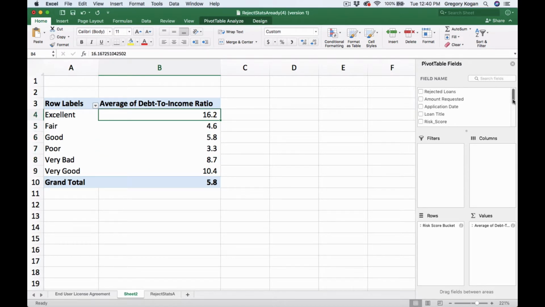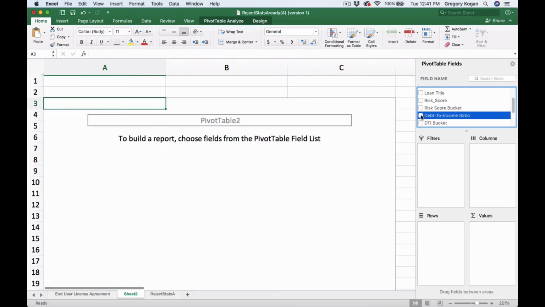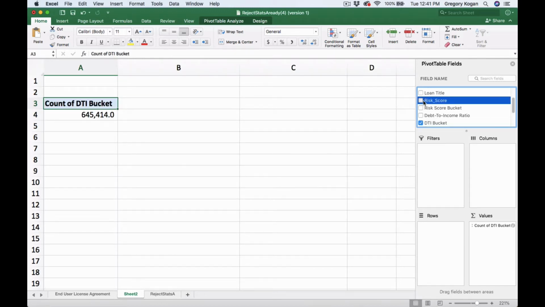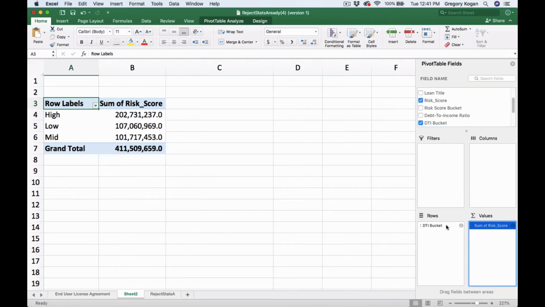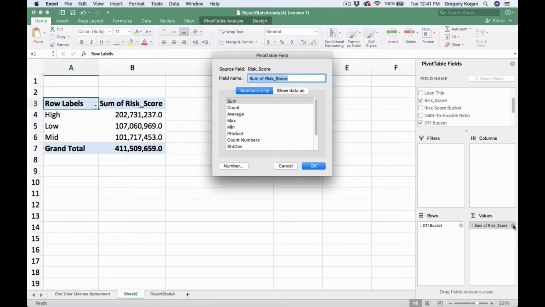Another thing we could look at is, let's see here, employment length perhaps. If we uncheck the other two, we could look at the DTI bucket, and let's put the DTI bucket on the left, and then the risk score, which is the FICO, the credit score, would be the average.